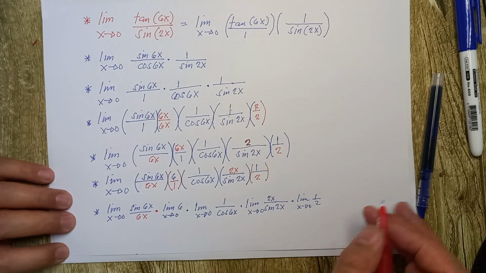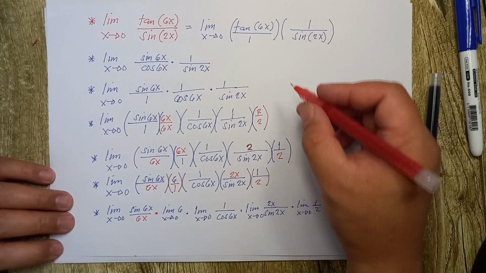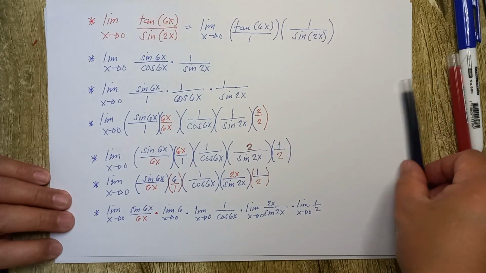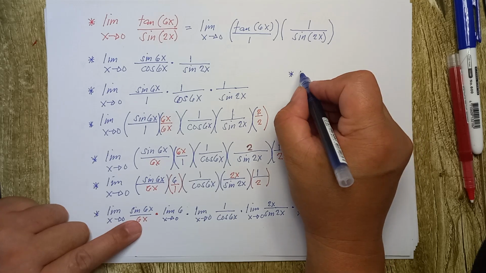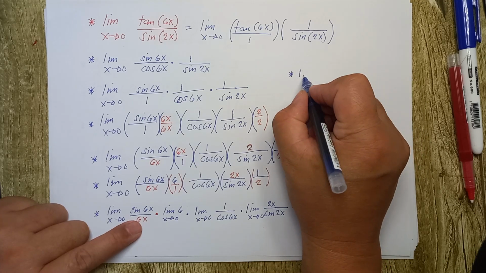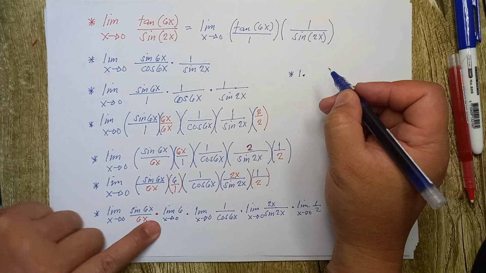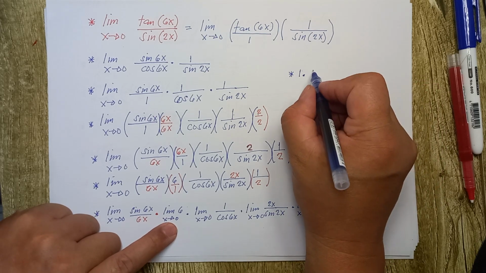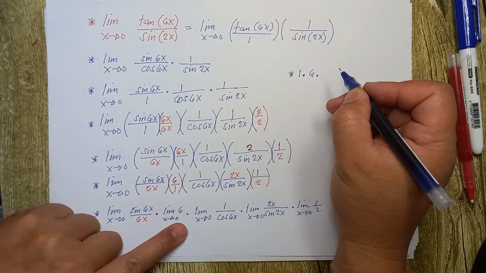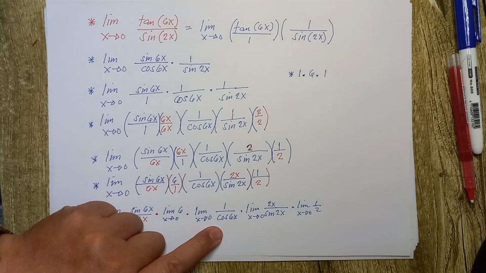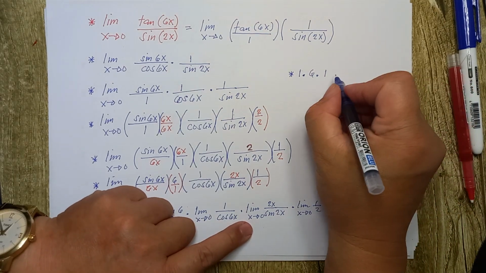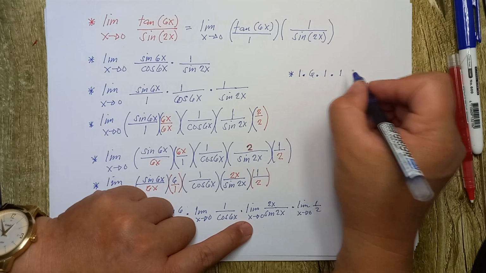Now you can substitute. We can now have the direct substitution. Let's continue in here. So what is that? That is 1 times, what is that? 6 times, what is that? 1. Times 1.